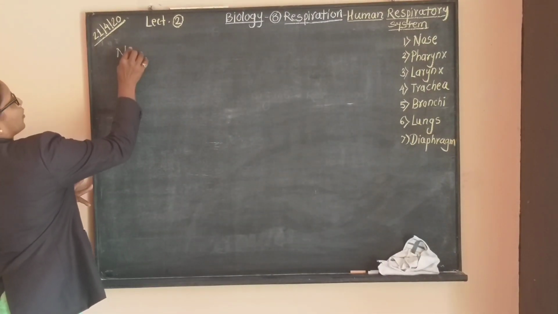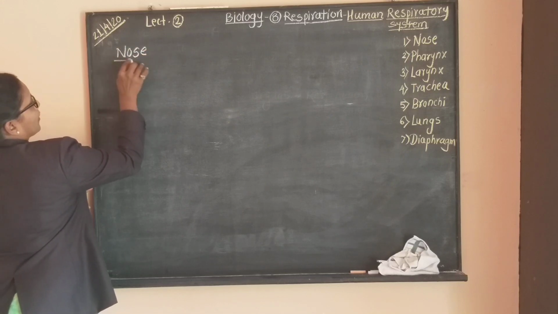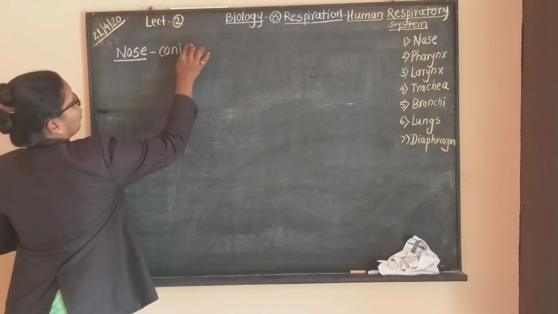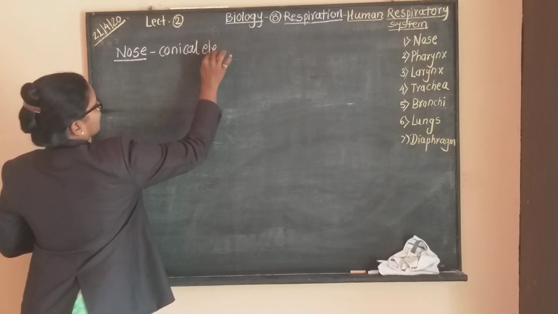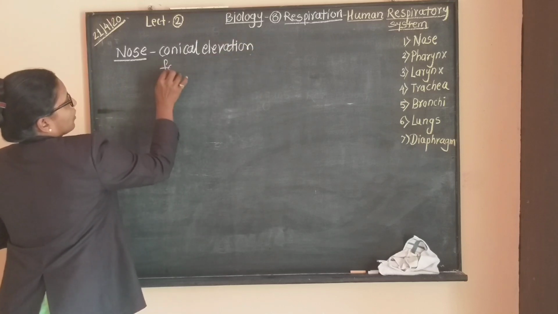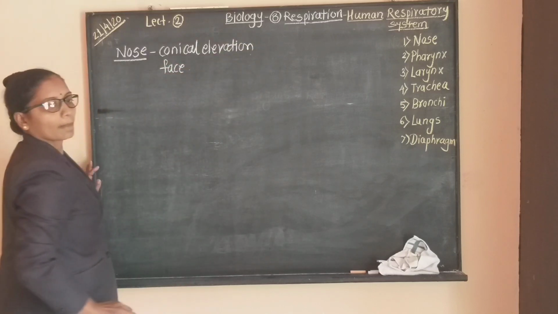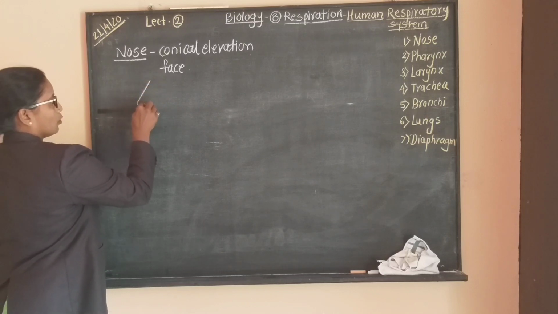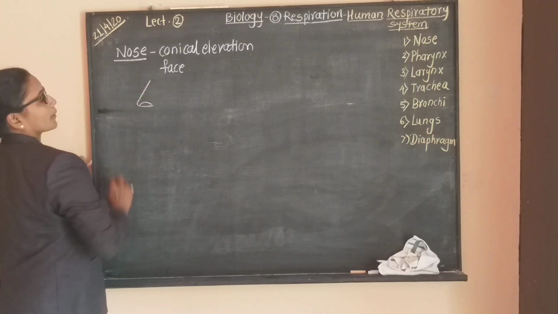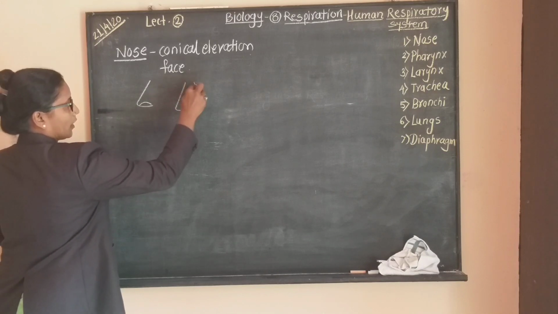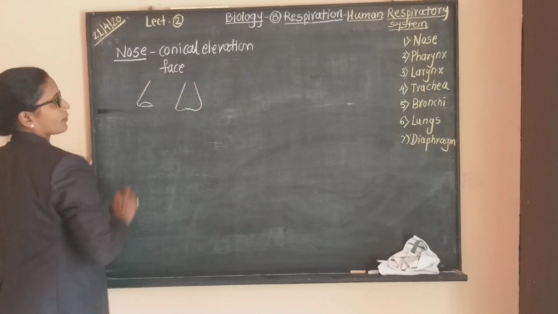The first part of the human respiratory system, the nose, is a conical elevation present on our face. If you observe laterally, our nose looks like this, and if we observe from the front, it appears like this.